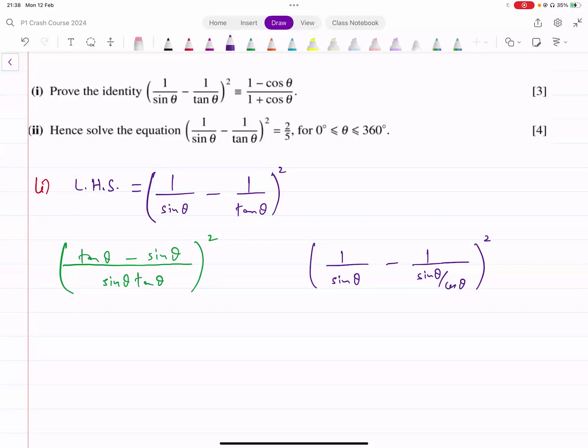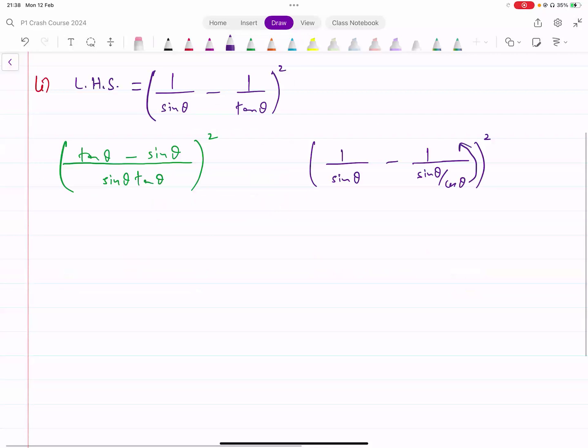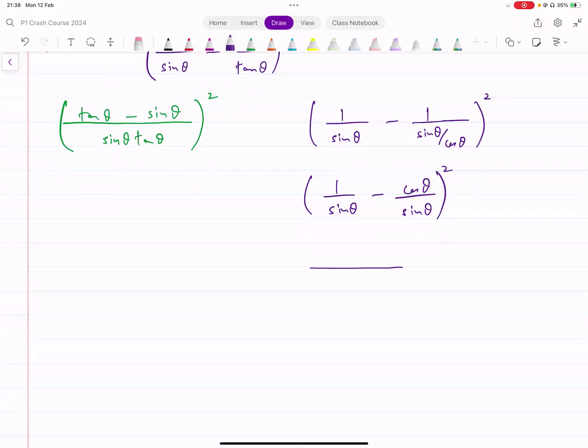Now, what does this become? This cos goes to the numerator, and we end up with 1 over sine theta minus cos theta over sine theta. And now you see the denominator has become the same. If the denominators are the same, it is much simpler. That's a sine theta, and in the numerator, we just have 1 minus cos theta. And this is something much simpler than what we had here.